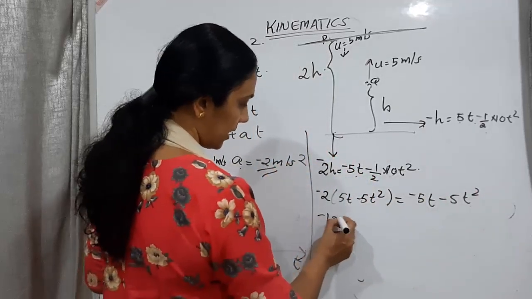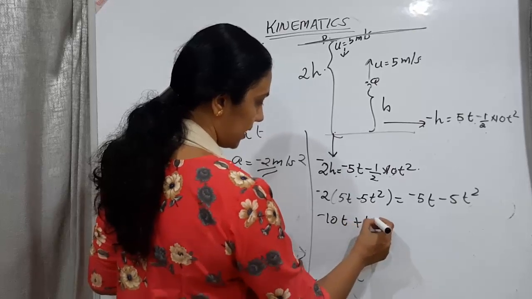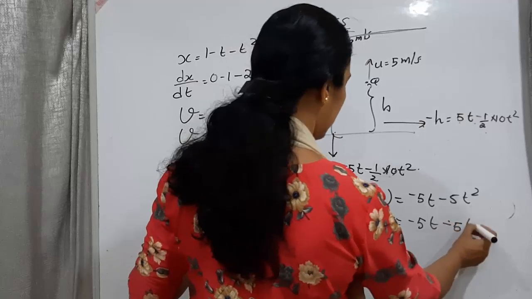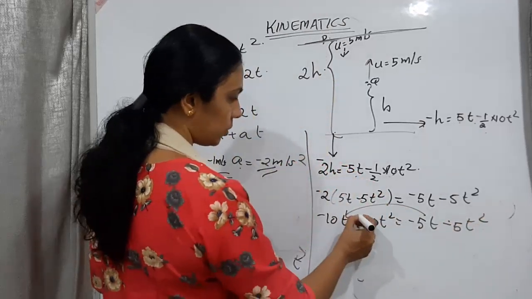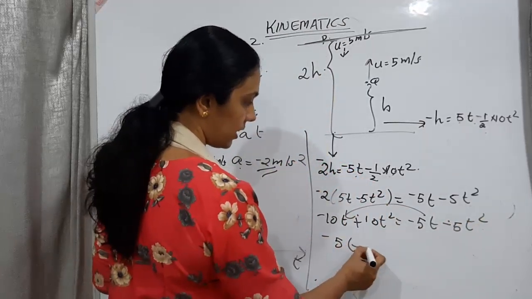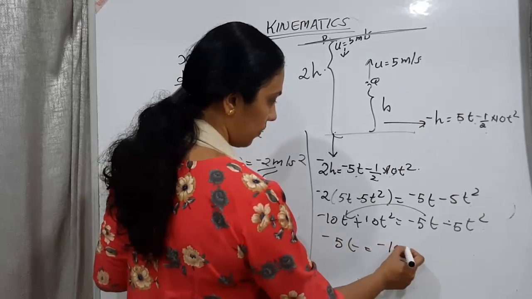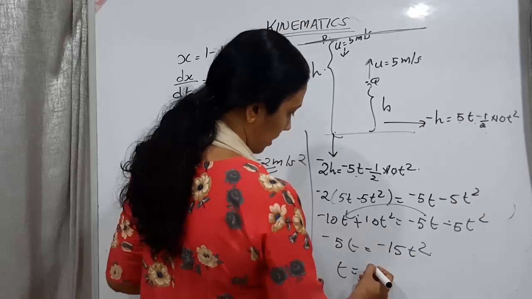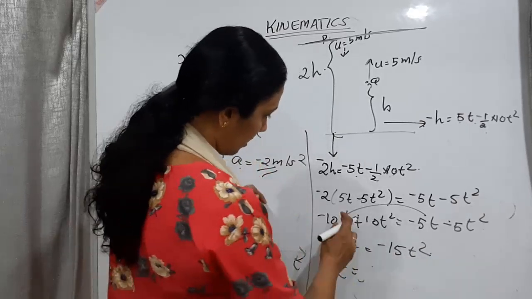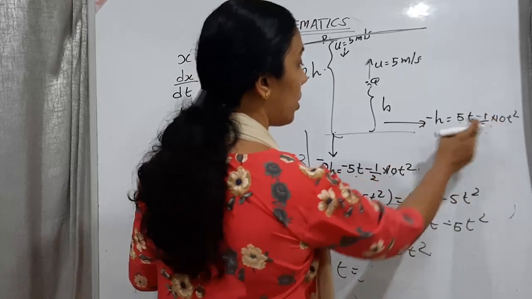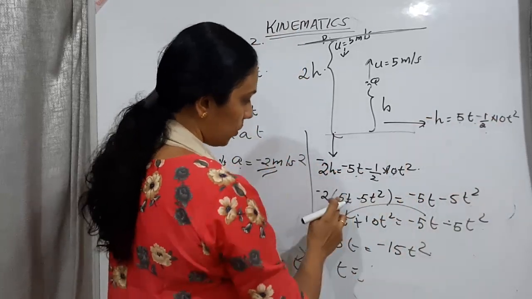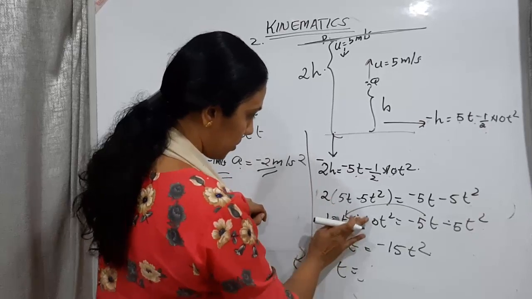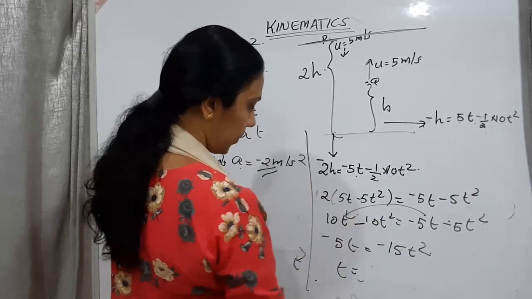Therefore, minus 10t plus 10t square equals minus 5t minus 5t square. Taking terms to the side, I got minus 5t equals minus 15t square. Again, here it is minus h, so we considered it as, no need to consider this negative sign. So here minus 10t square.